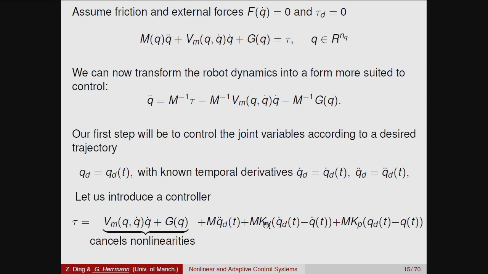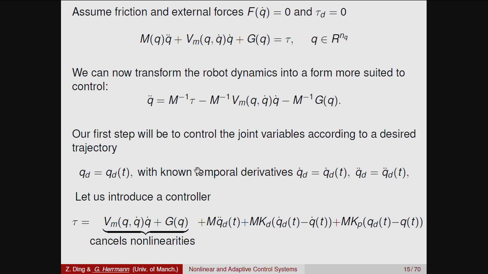So KD and KP here are matrices which are some form of proportional and derivative gain matrix. So we can easily cancel the nonlinearity first and introduce these extra terms.